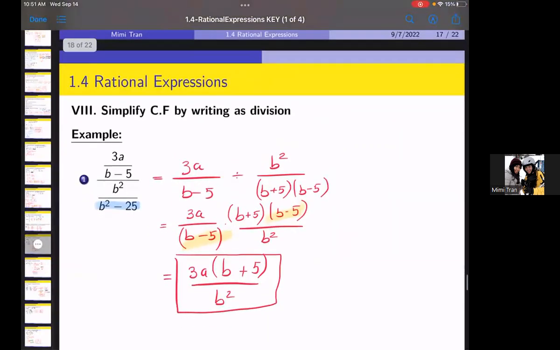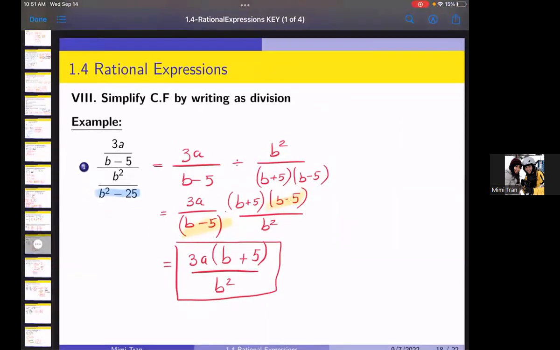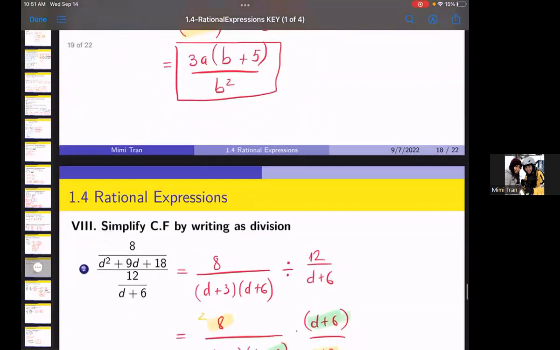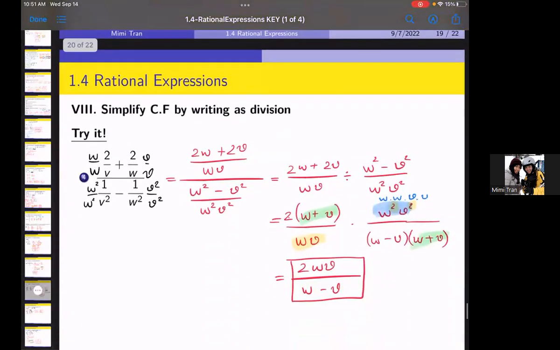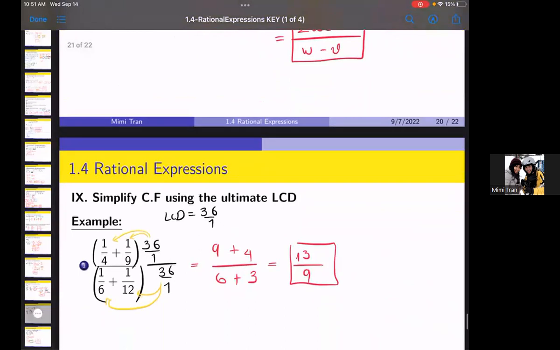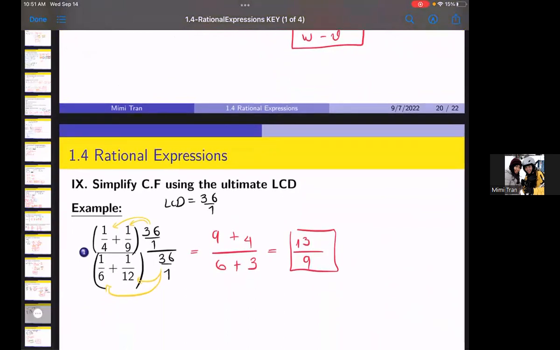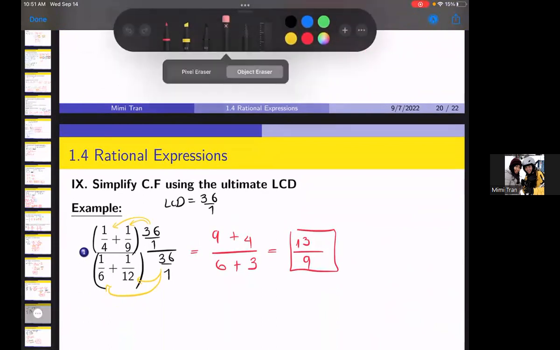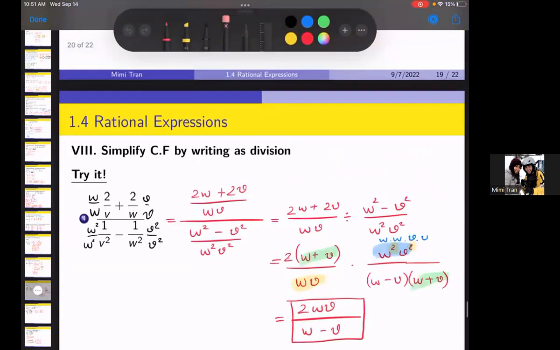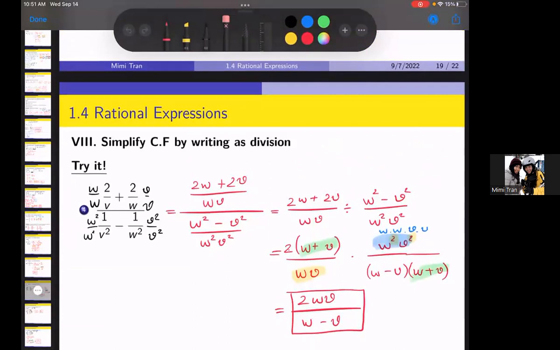You can either do it by division. So like this one, you take care of the top, you take care of the bottom, and then you divide at the end, right? Or you can do the ultimate LCD. For me, I like this because it's fast, but maybe most students like the other method. Okay.